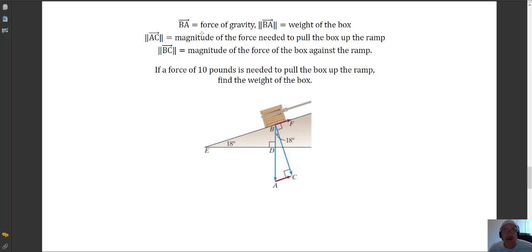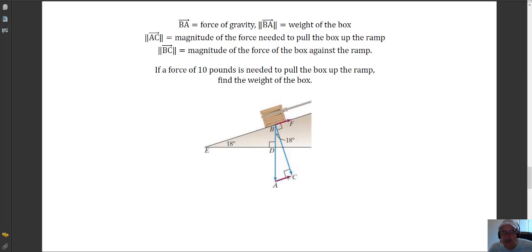And let's just see if this makes sense to everyone. The ray BA that's holding the box on the ramp is said to have force of gravity. The magnitude of that vector is the weight of the box, all right? So that kind of makes sense. The magnitude AC here is the force needed to pull the box up the ramp.